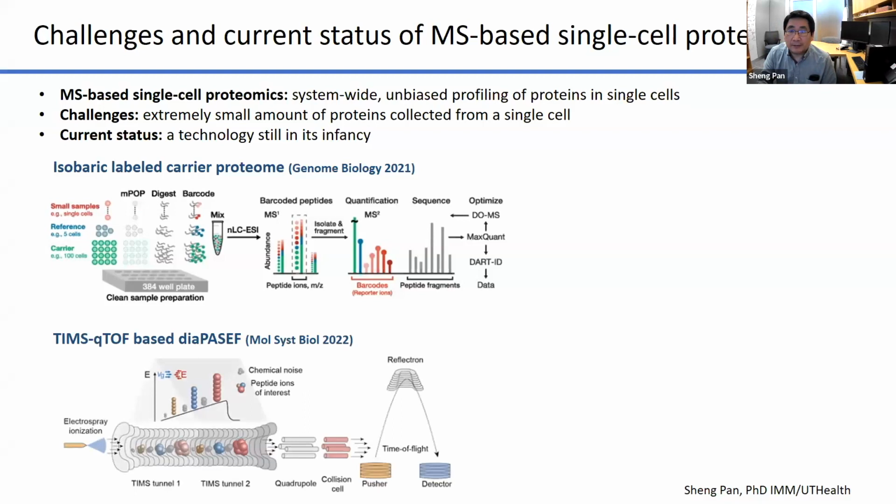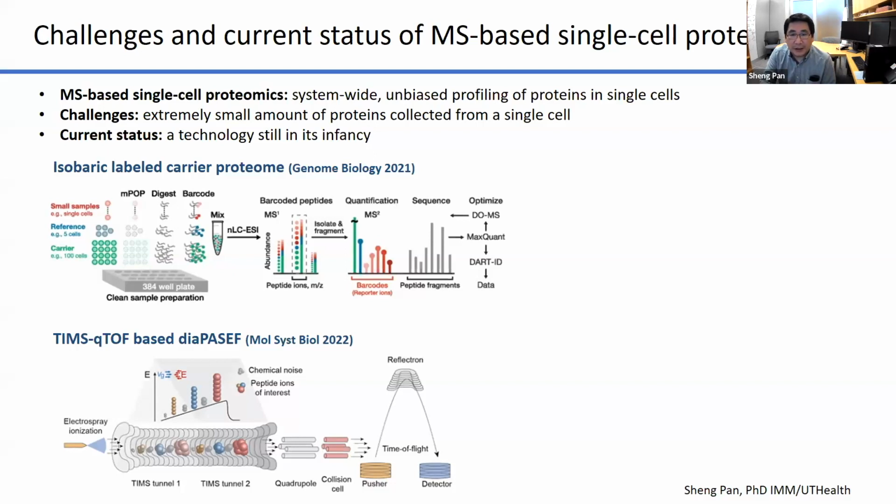Recently, Dr. Matthes' group in Germany introduced a DIA-based approach for single cell proteomics. This approach is based on a high-end, very fancy instrument called the TIMS QTOF, equipped with trapped ion mobility and a 100 Hertz acquisition rate, a very fast instrument.